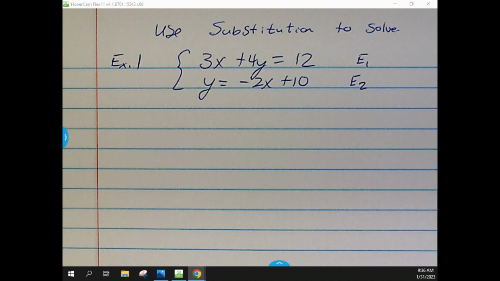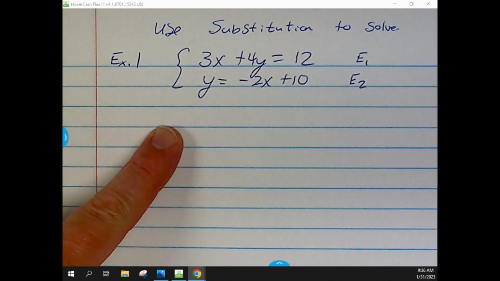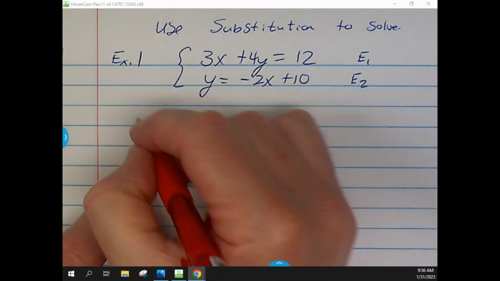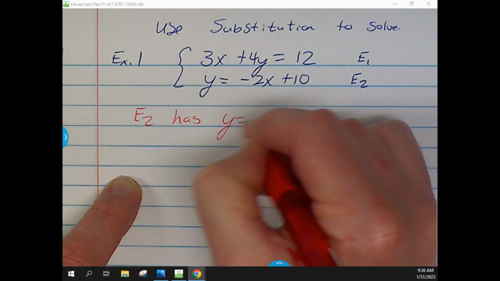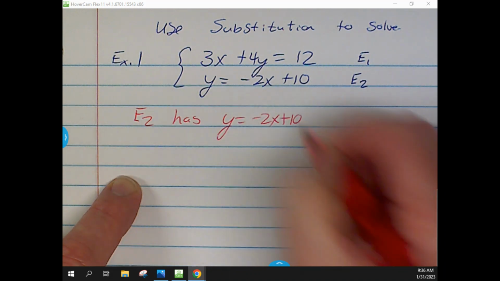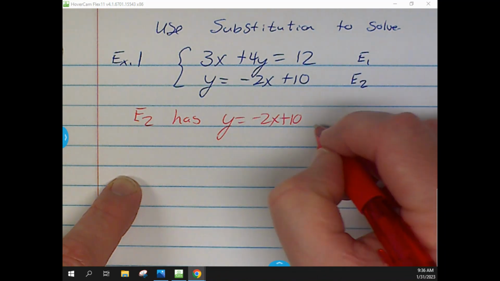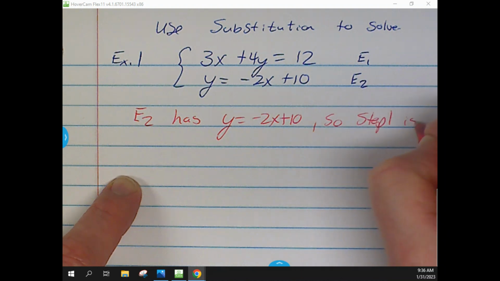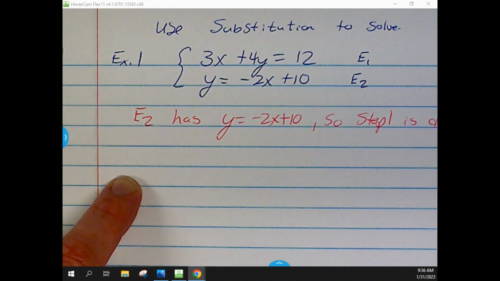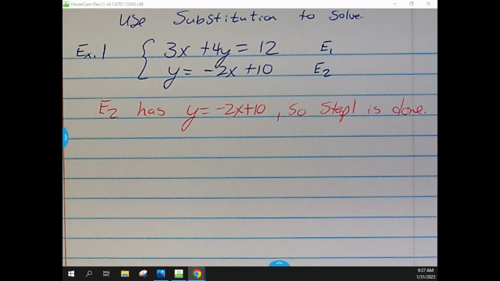So equation 2 already has y equals negative 2x plus 10. So step 1 is done. And again, that's really when you want to do substitution, is when step 1 is done for you.